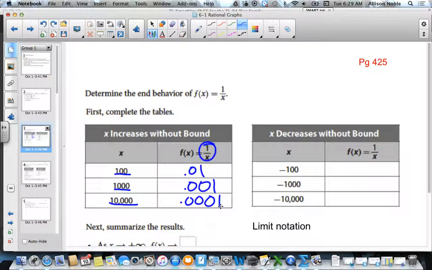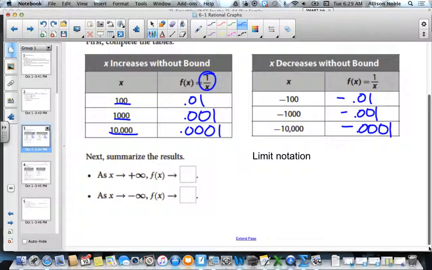It is getting closer and closer and closer to 0. So when we plug in the negative of those numbers over in the second table, we get the same numbers but opposite: negative 0.01, negative 0.001, and negative 0.0001. So that is also approaching 0.